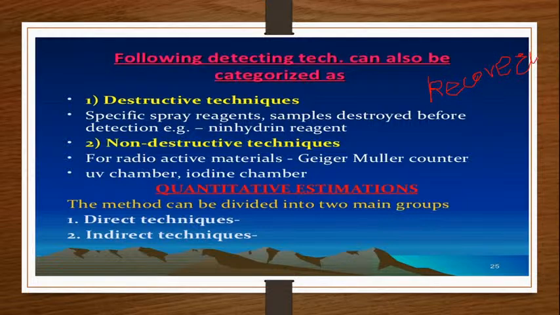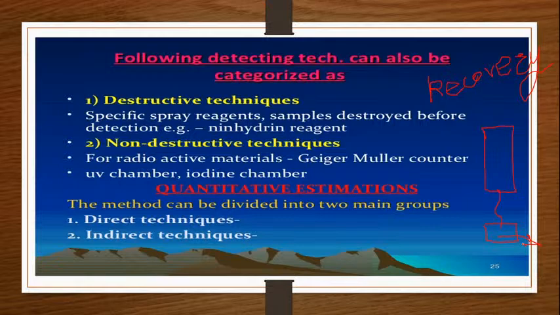If you can easily recover the sample after elution, as in a paper chromatogram or even HPLC, where the column elutes out the sample and after detection it can be collected separately, then the technique is called non-destructive, because it does not destroy the sample and you can carry out further analysis since its chemical and physical properties are intact.